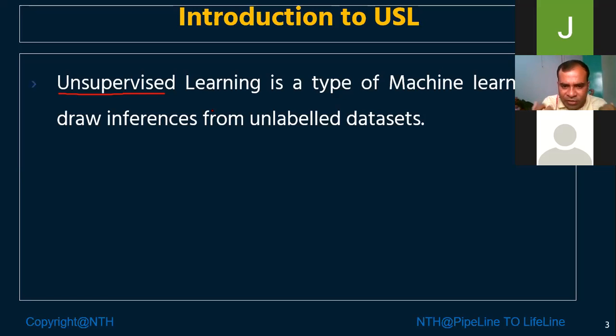Interference or intervention of a user is not expected by your model. That is what not being explicitly programmed means. Unsupervised learning is one of the machine learning approaches, which draws certain inferences from an unlabeled data set.